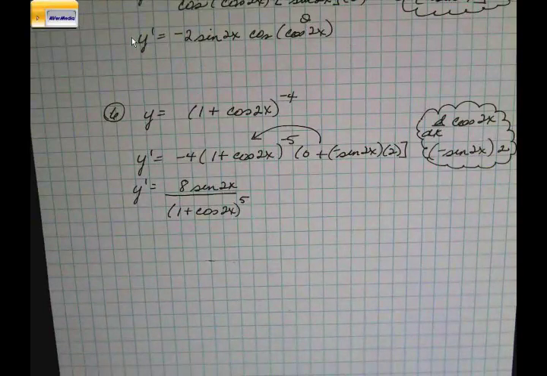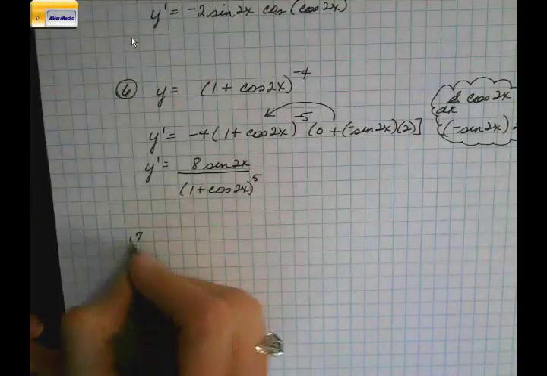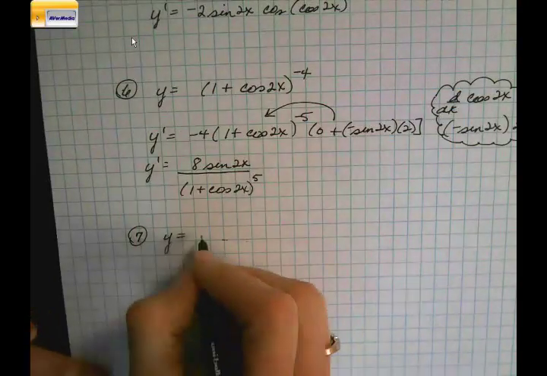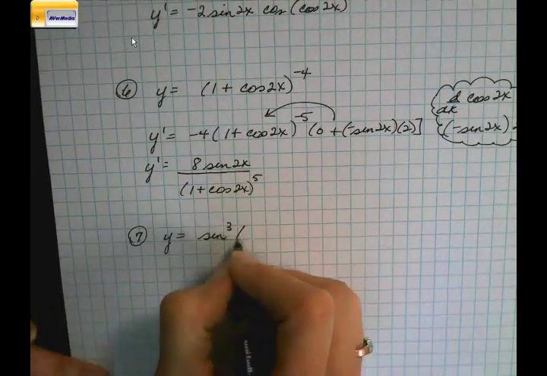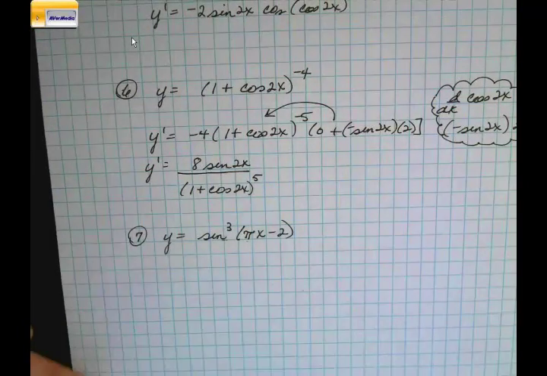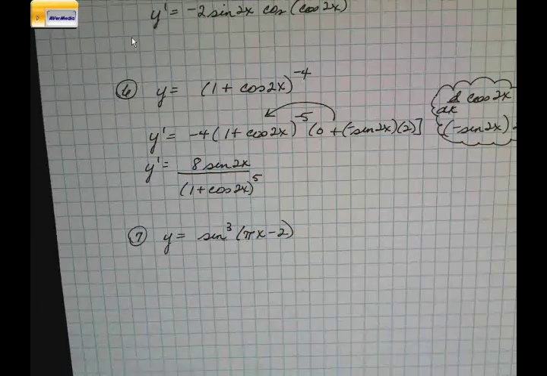Okay, one more. Suppose you have y equals, this is weird, sine cubed of pi x minus 2. Remember we put a little asterisk by one before we went into this section?